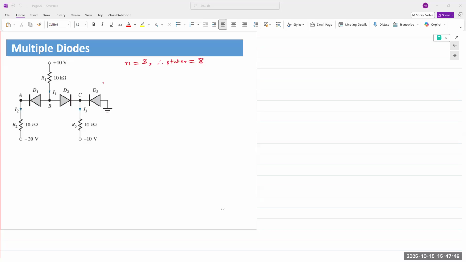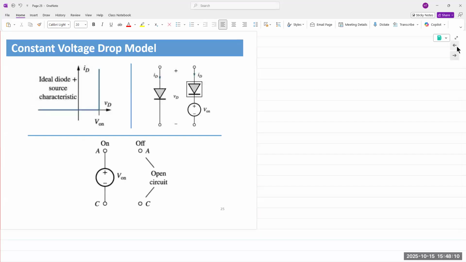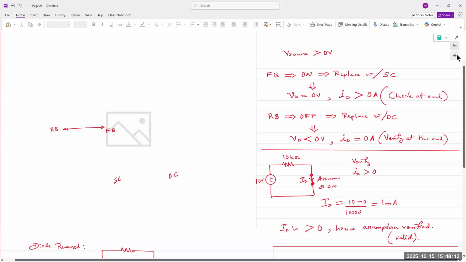It does not mean that half our assumption is correct and the other half is incorrect. If even a single diode out of the three is incorrect, that means all three are incorrect, because we don't know which combination is right. So anyway, that's an important point to keep in mind. I don't think we'll be able to get to that problem today.